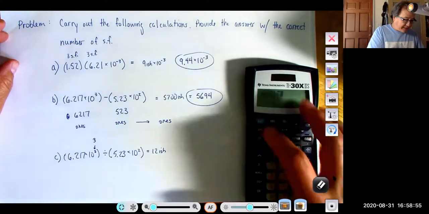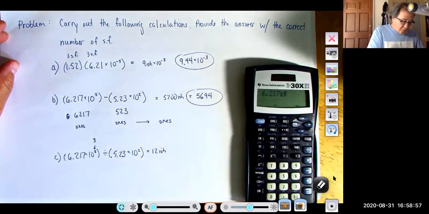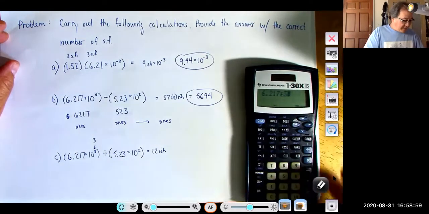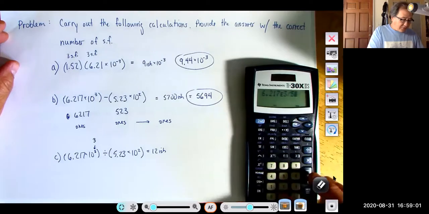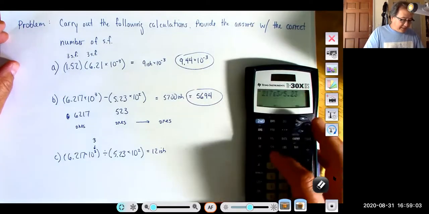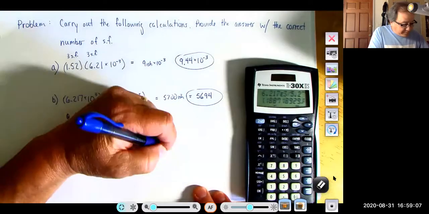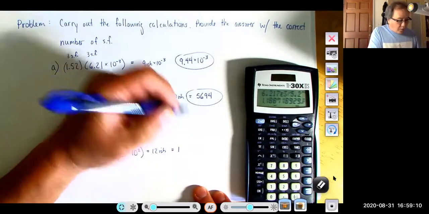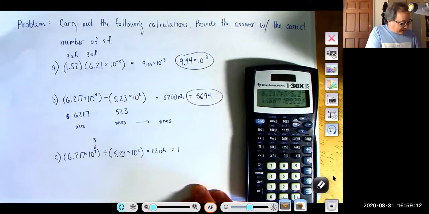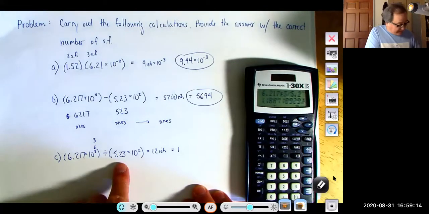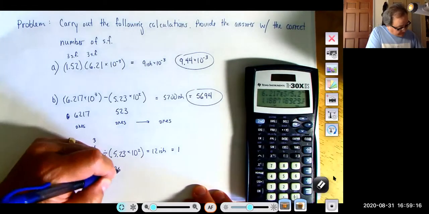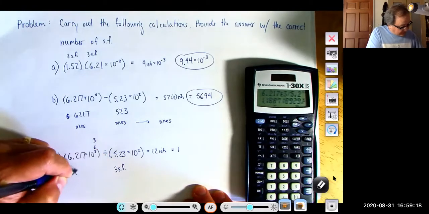Okay, so we have 6.217 EE 3 divided by 5.23 EE 2, and we get 11.887. This has 3 sig figs. This has 4 sig figs.